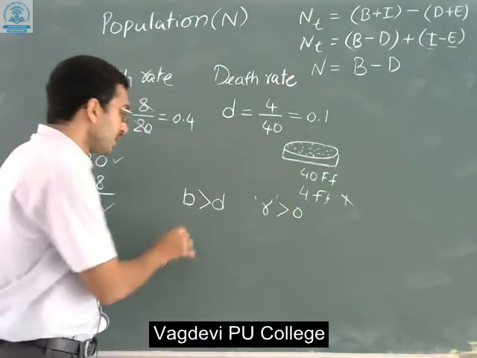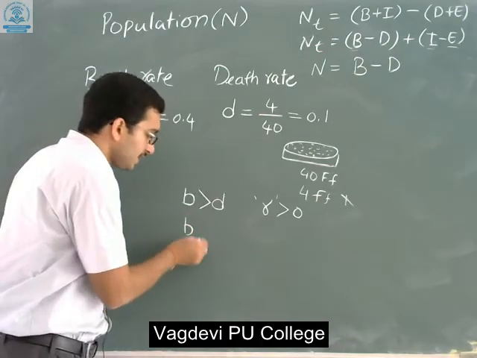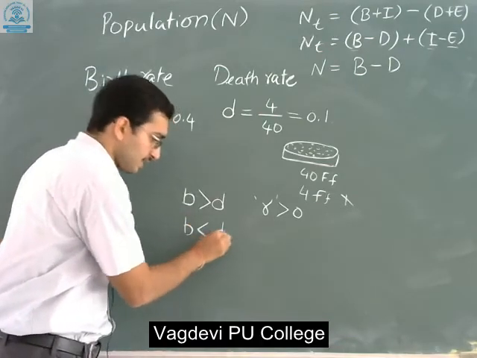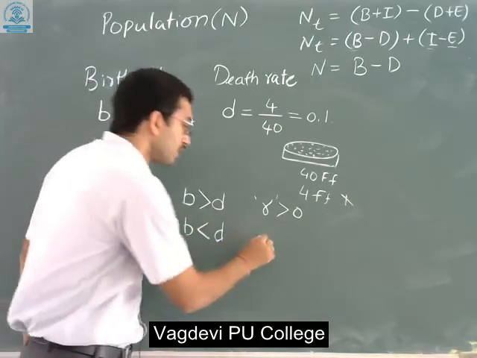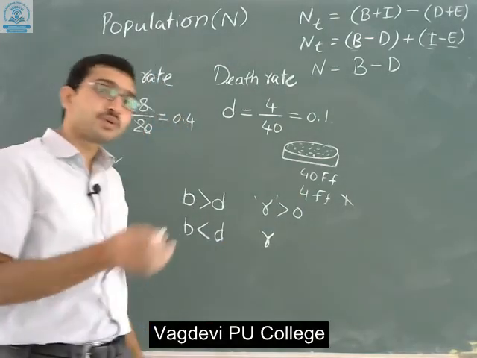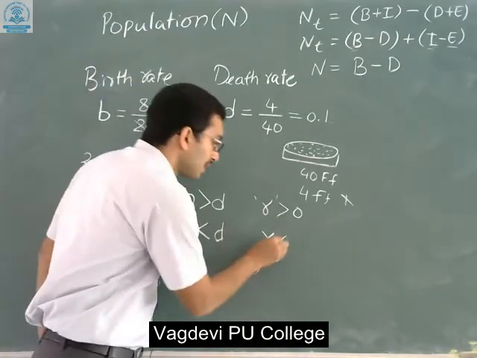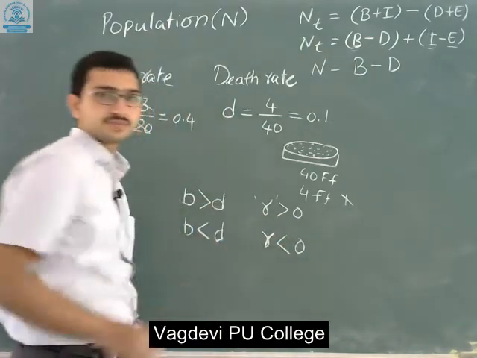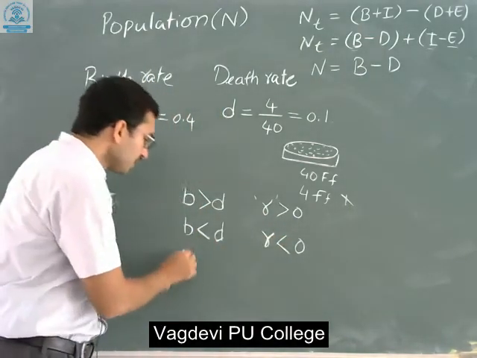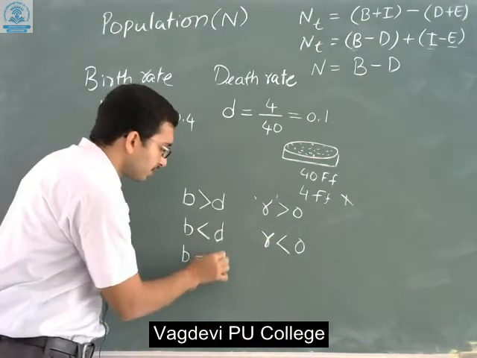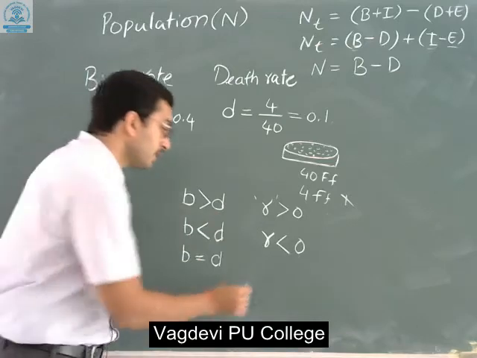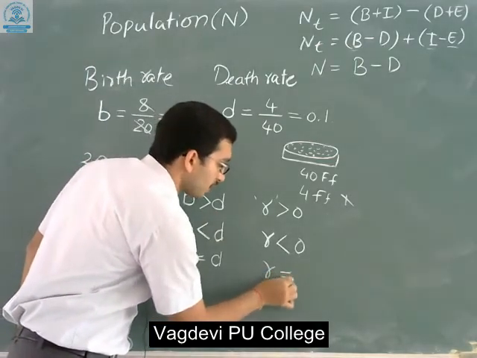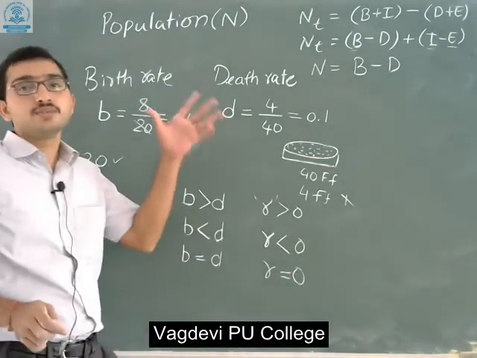Similarly, if the birth rate is lesser than the death rate, then the per capita growth rate will also be less than 0. Now if the birth rate is equal to the death rate, then the per capita growth rate is also equal to 0.